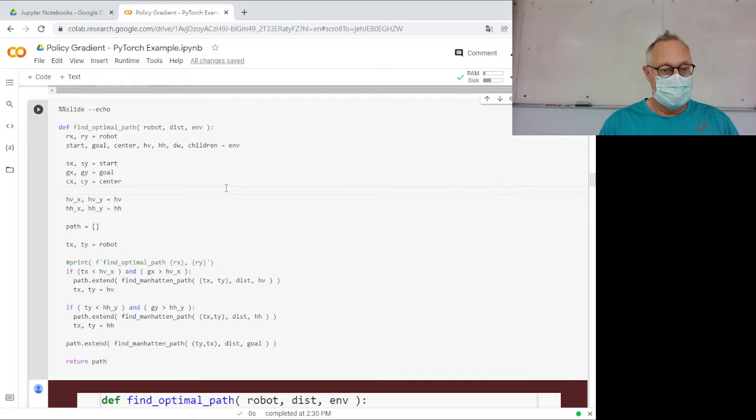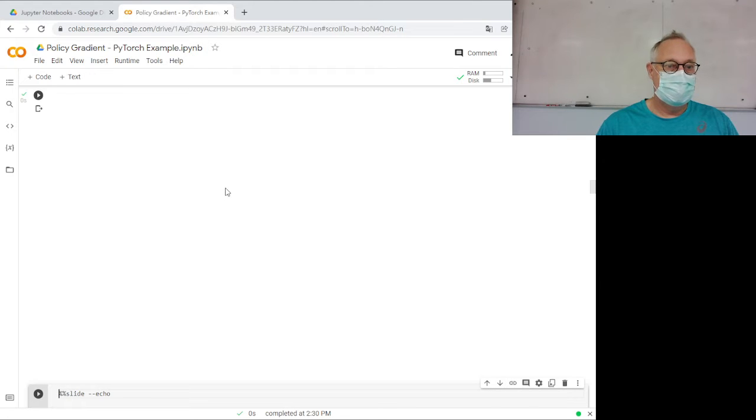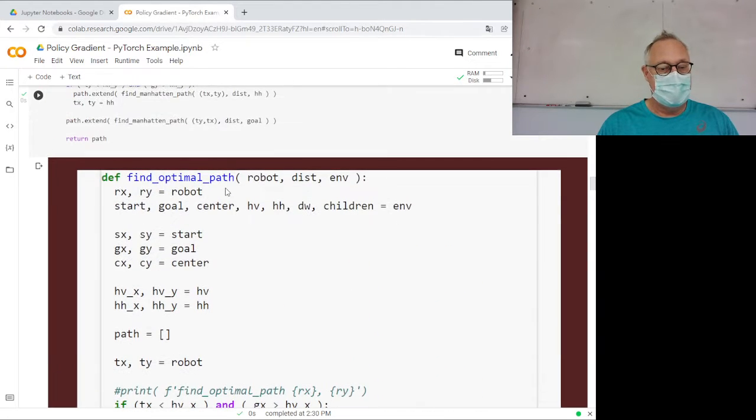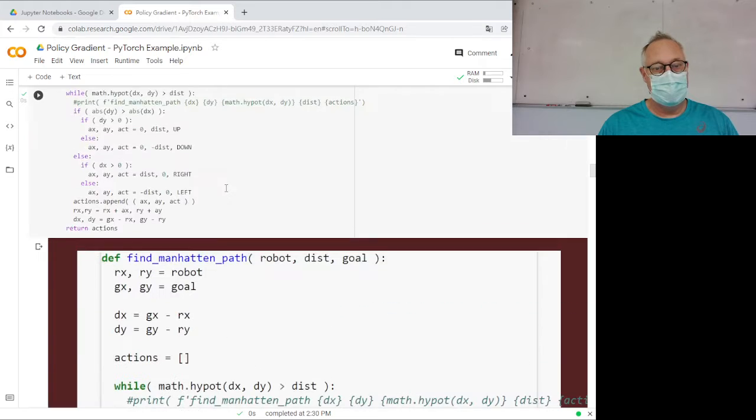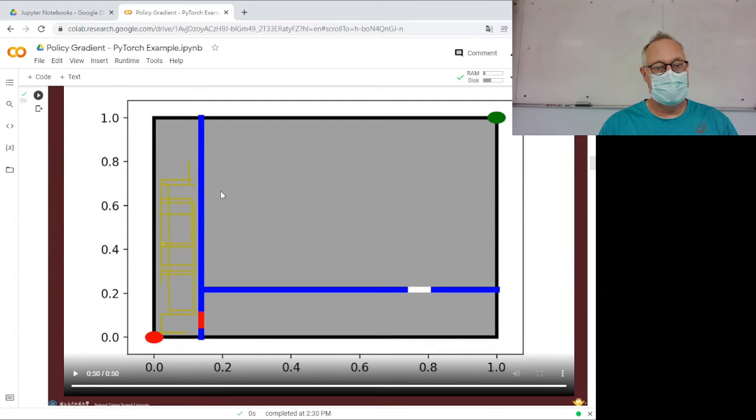So to find the optimal path, I now simply have to check which room I'm in, right? If I'm in here, I need to find the Manhattan distance path from my current location to this door. And then from this door to that door, and then from that door to the goal.